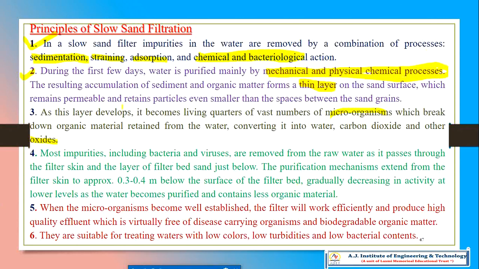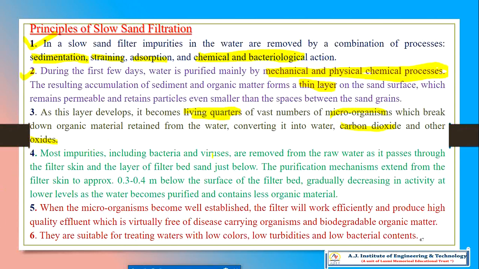In this case, most of the impurities, including bacteria and viruses, are removed.